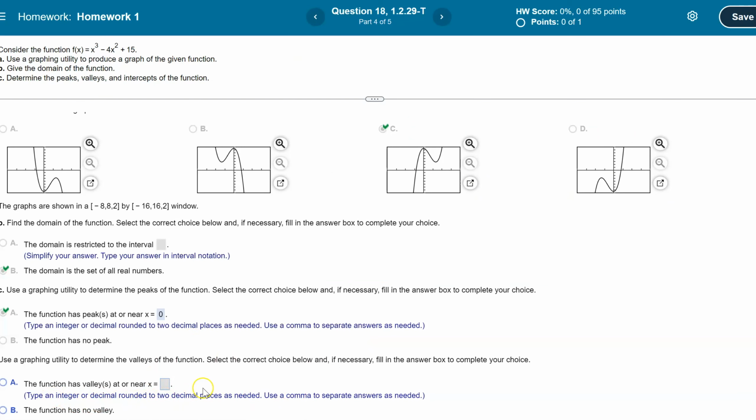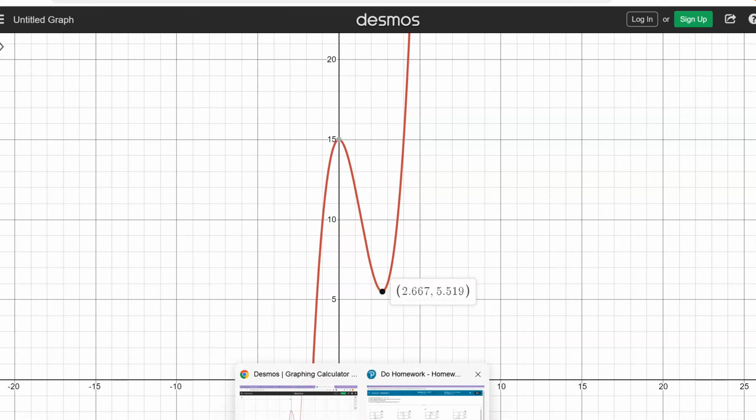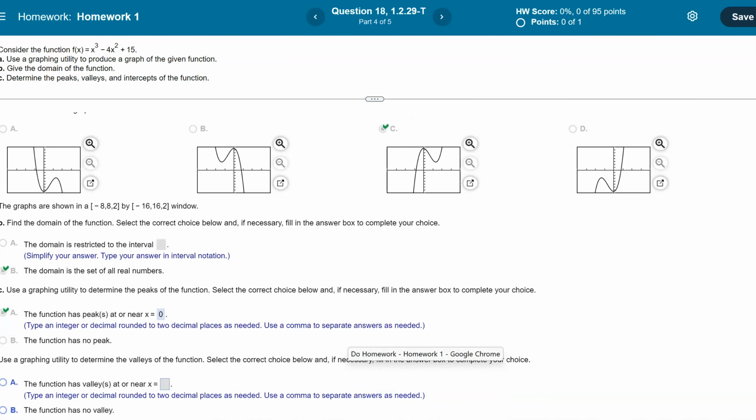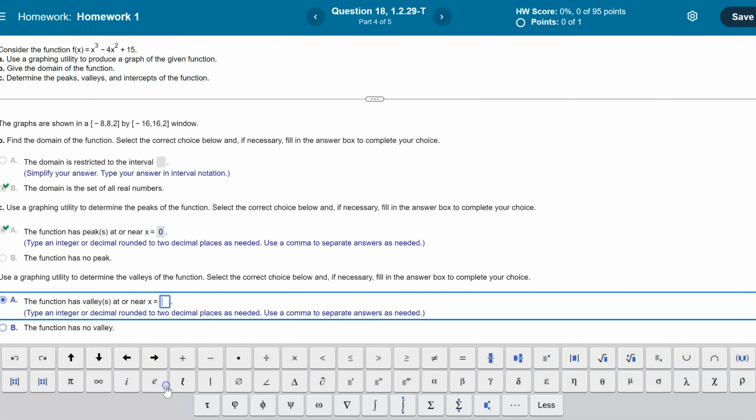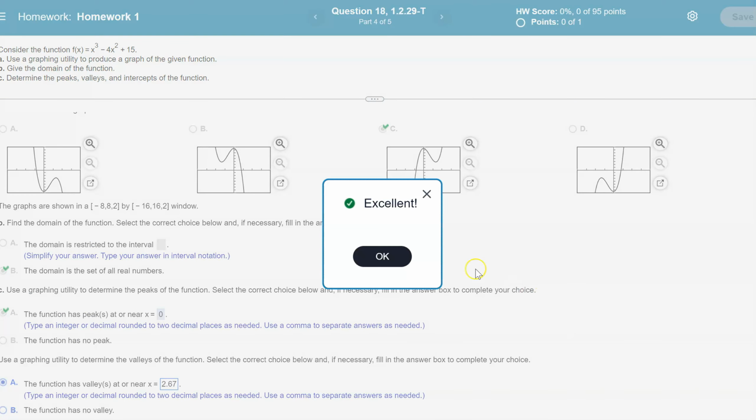Let's see, type an integer or the decimal rounded to 2 decimal places. So my x value would be 2.67-ish. You can't see me, I'm waving my hand like I do in class, like 2.67-ish. So 2.67. Good.